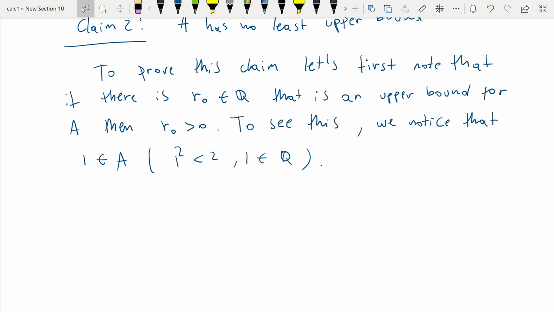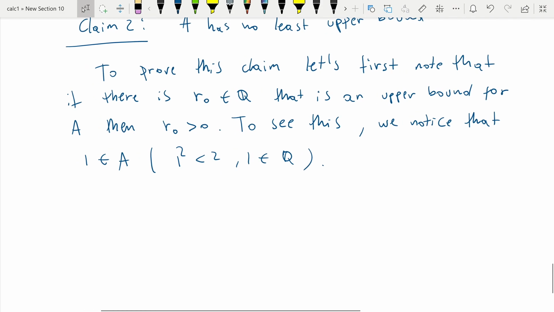Okay, so once we get that out of the way, there are two possibilities for r naught.